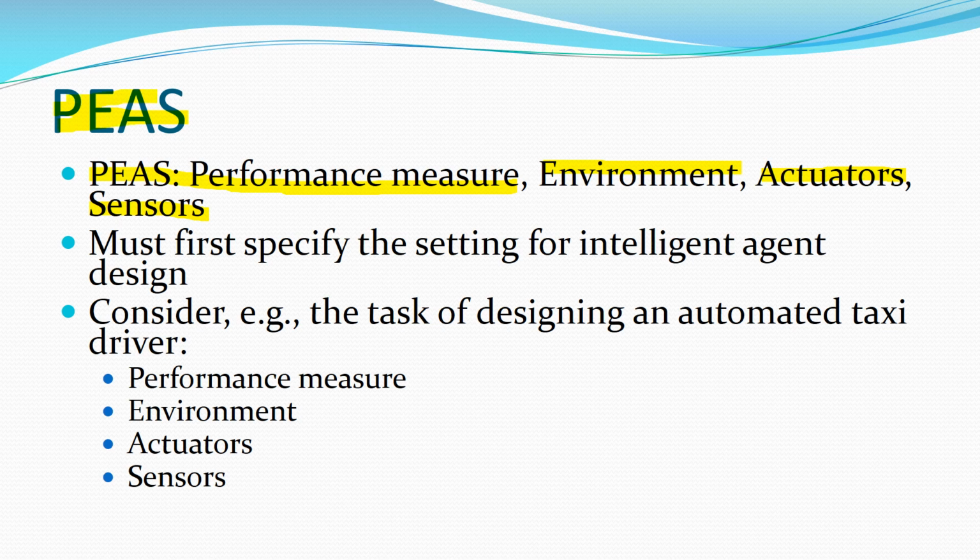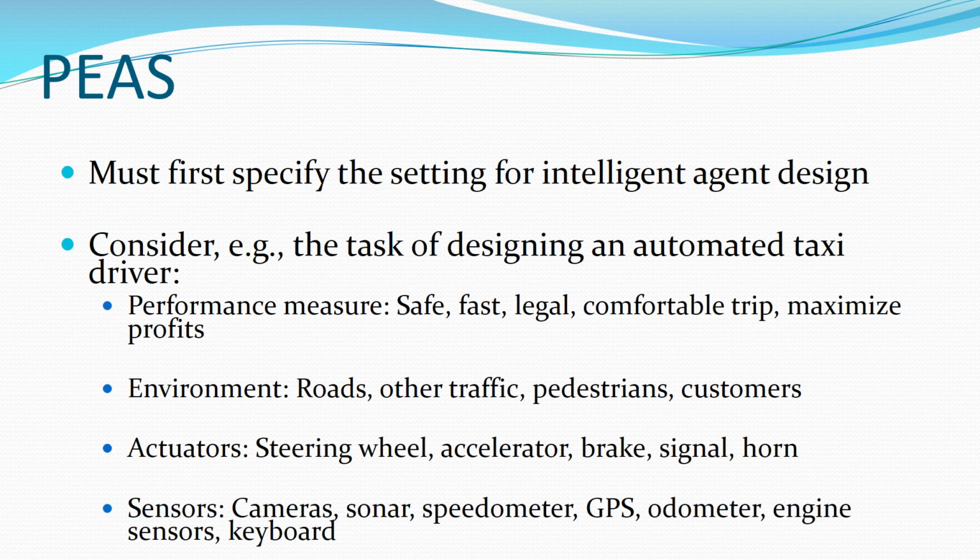To understand the PEAS properties for an agent, we are going to consider a famous example: the automated taxi driver agent. The automated taxi driver agent is designed to drive a car automatically, that is, without the help of a human being.